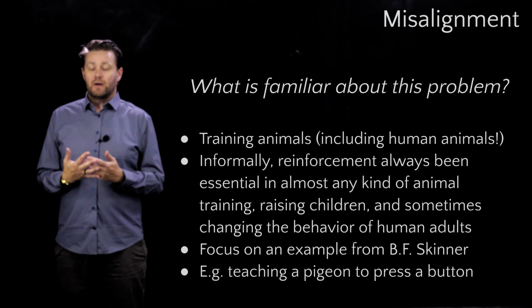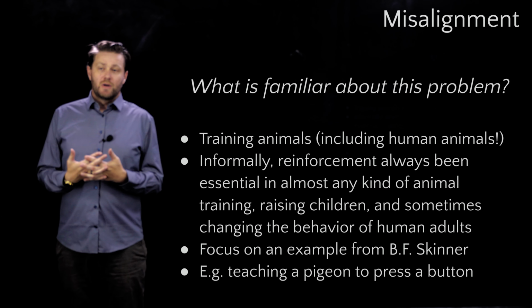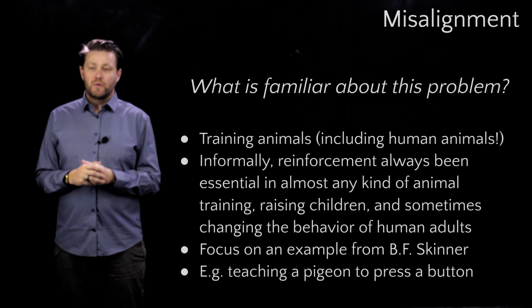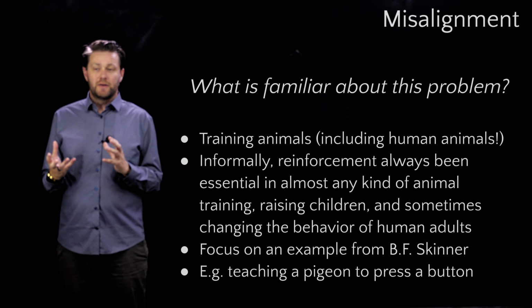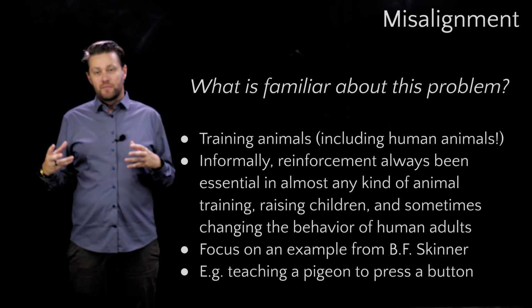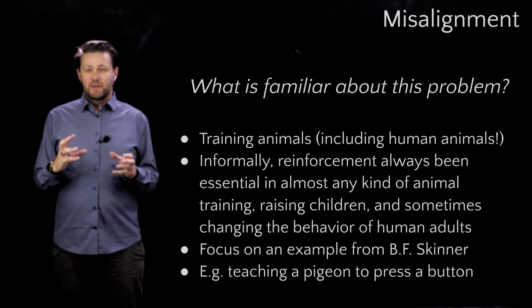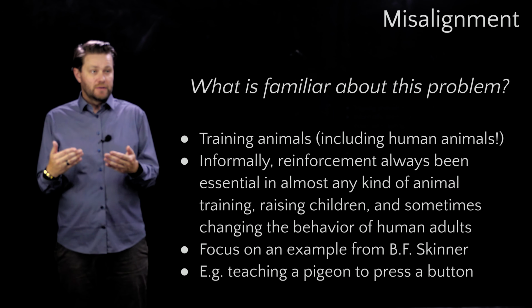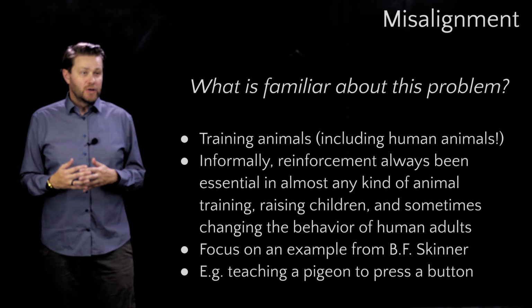So we're going to look at an example from B.F. Skinner, who is known as one of the real founders of behaviorism and designing these experiments. We're going to look at a controlled experiment. This is a real thing that Skinner did, teaching a pigeon to press a button.